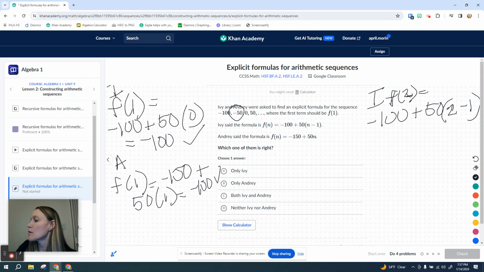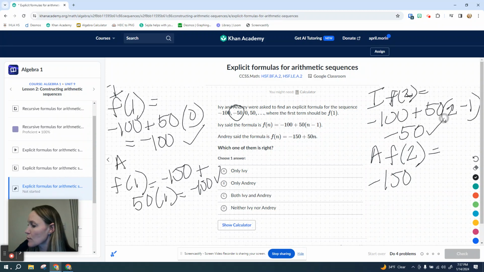So negative 100 plus 50 would be negative 50. That works, so I should write a check mark for Ivy. Andrew, f of 2: negative 150 plus 50 times 2. 50 times 2 is 100, then I get negative 50. So I still get that. So 1 and 2 check out.